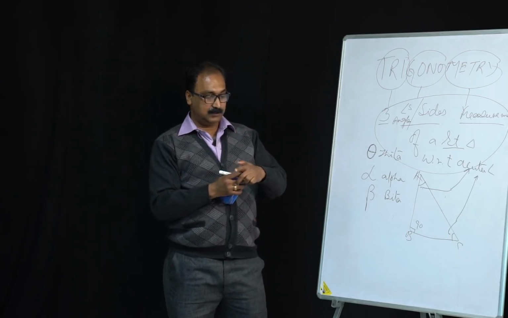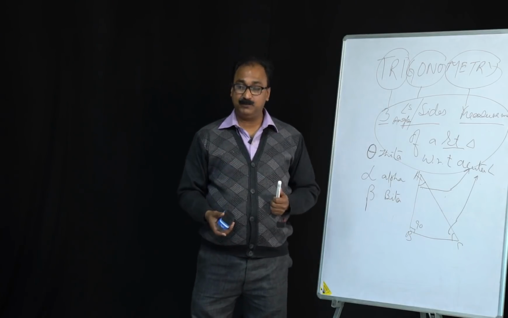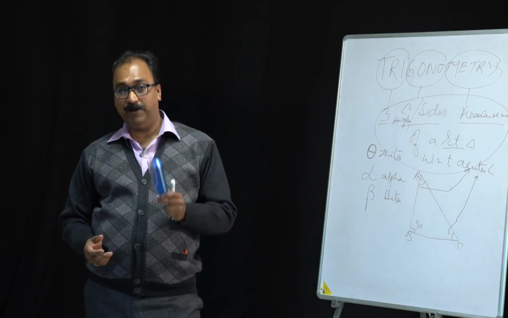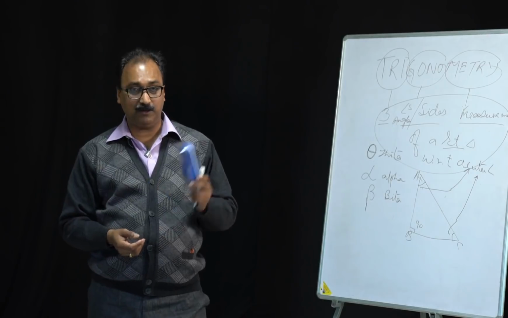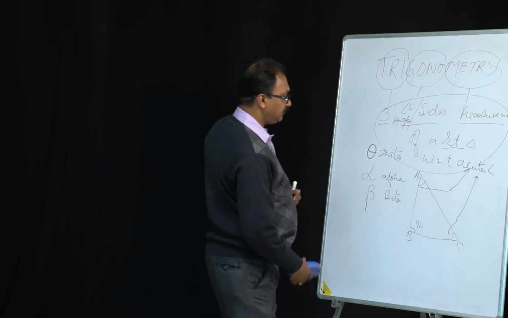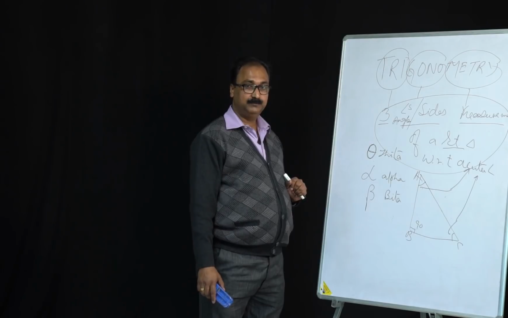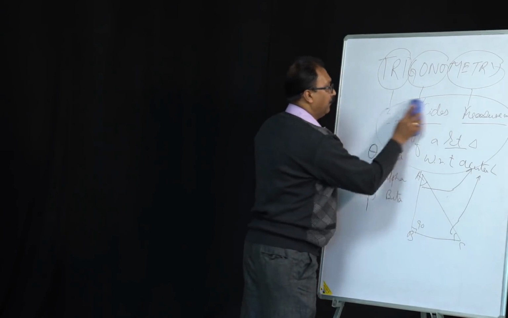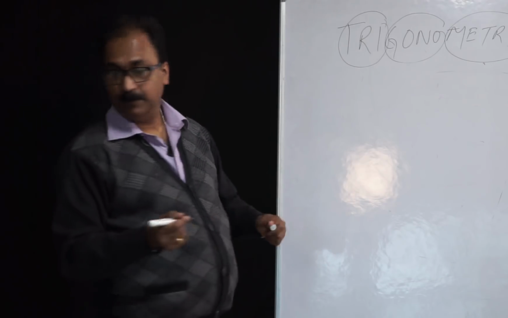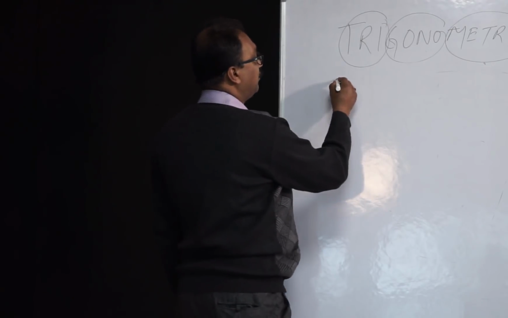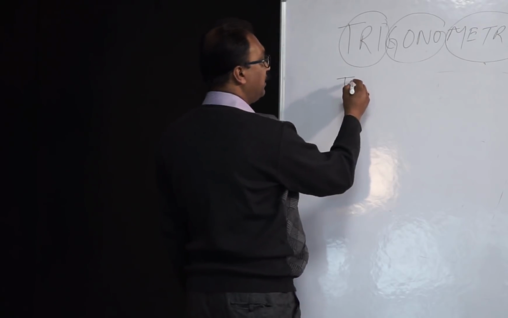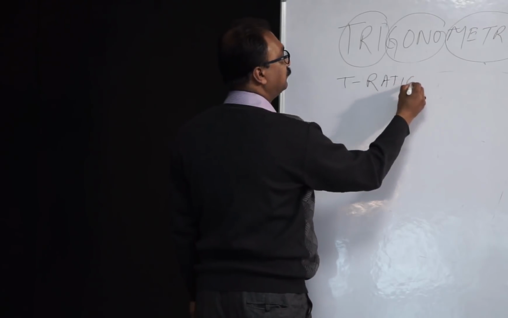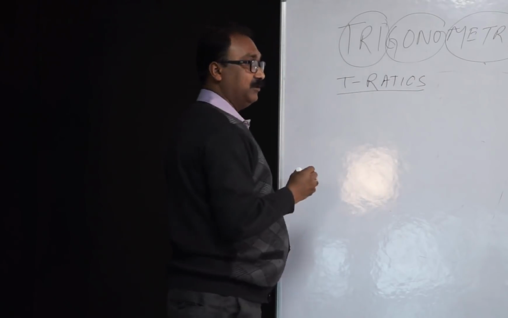So now we come to the other parts of trigonometry, which is trigonometric ratios. Okay, what is a trigonometric ratio? I think all of you write this one. Now we deal with trigonometric ratio, T ratio.